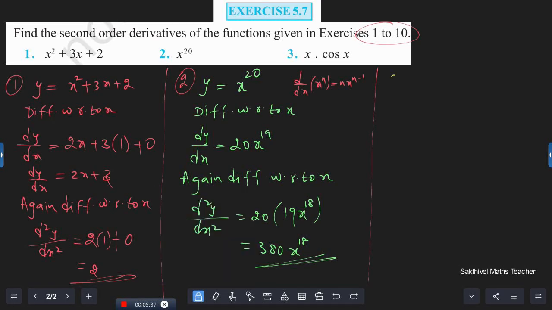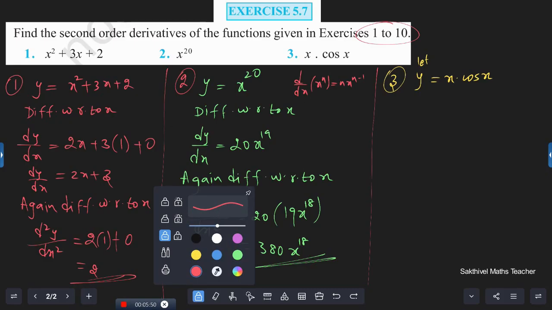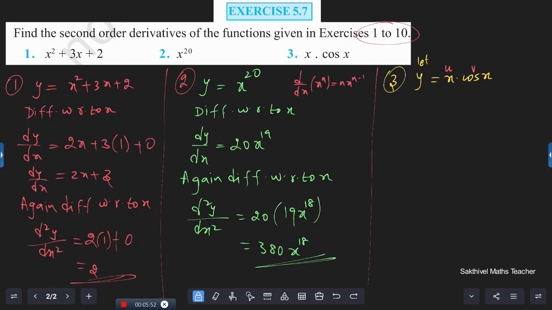Okay. Next, the third one, let y equal to x cos x. So I'm going to use the UV formula here. This is u, this is v. So the derivative of uv is equal to u dash v plus u v dash. That is the formula I'm going to use.